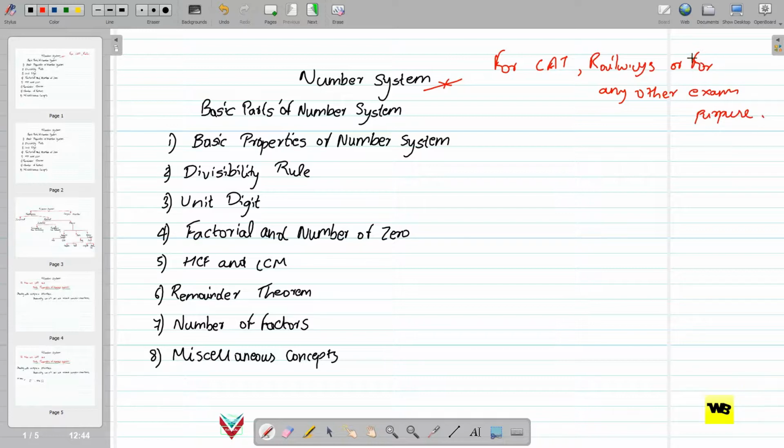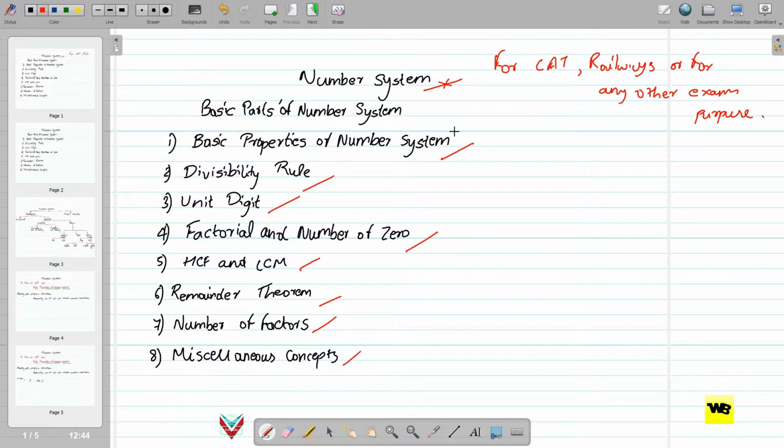Number systems are divided into different types like basic properties of number system, divisibility rule, unit digit, fractional and number of zeros, HCF and LCM, remainder theorem, number of factors, and miscellaneous concepts.